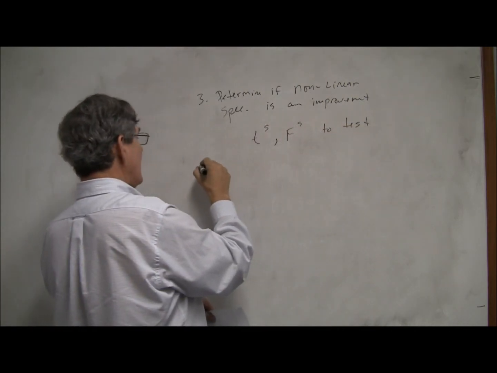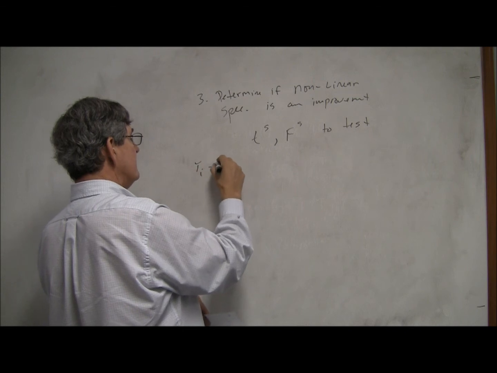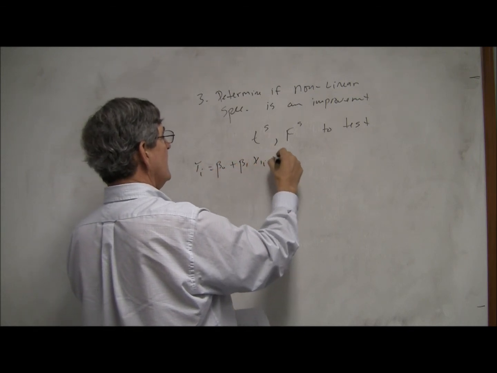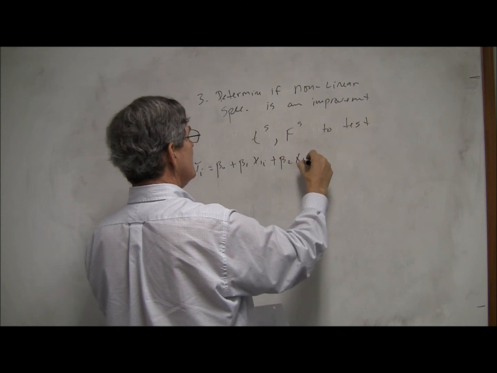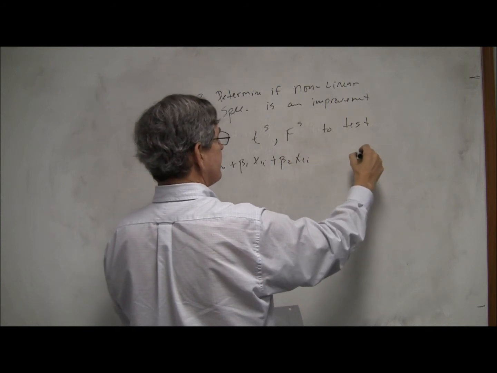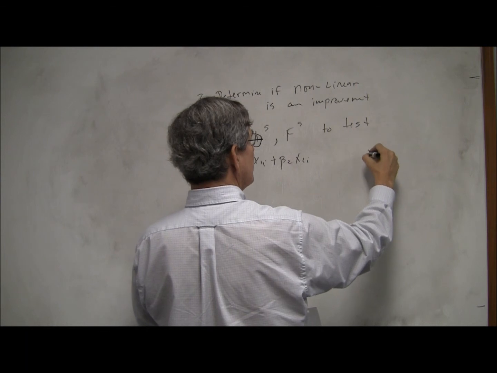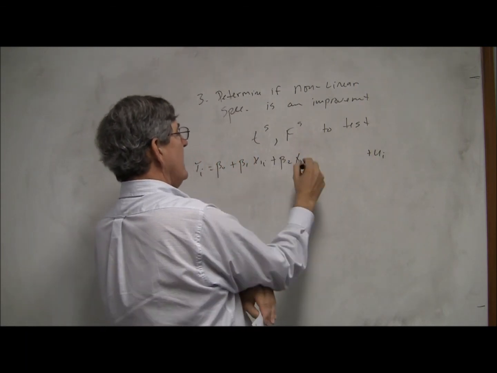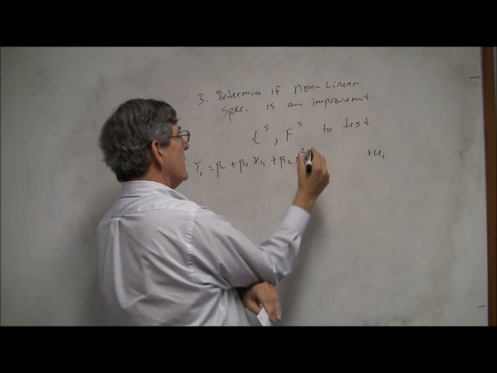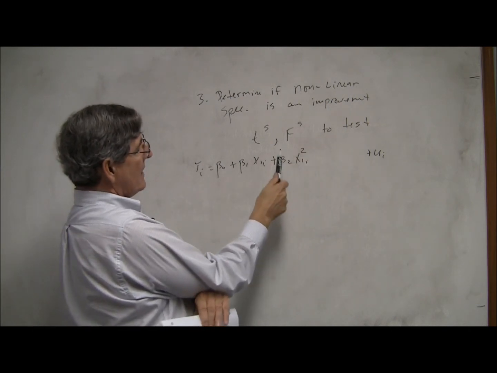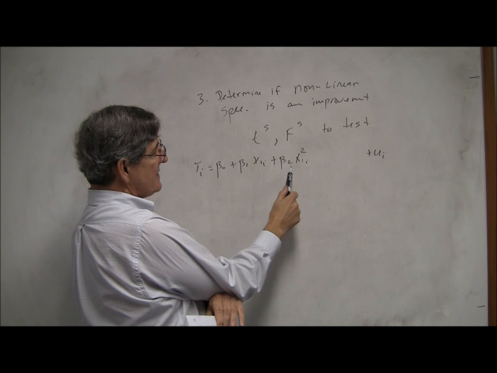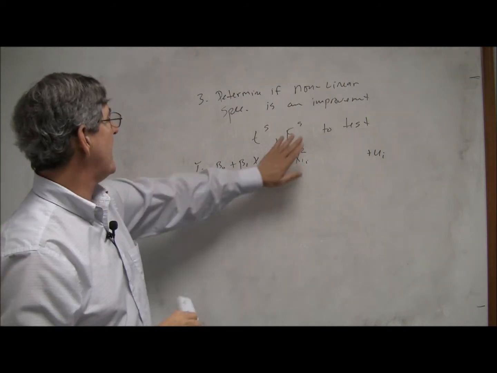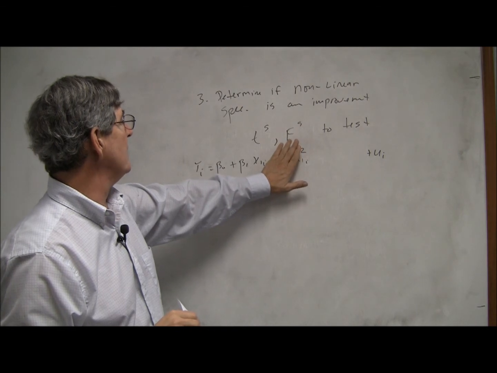For example, I might have y_i is beta 0 plus beta 1 x_1i plus beta 2 x_2i. I'm going to add another term here in a second, plus u_i. Here I would just need a t, not x_2i, x_1i squared. Here a t is all I need. I could use a t-test for beta 2 to determine if there's nonlinearities or not, because if that term's not there, we're back to a linear model.